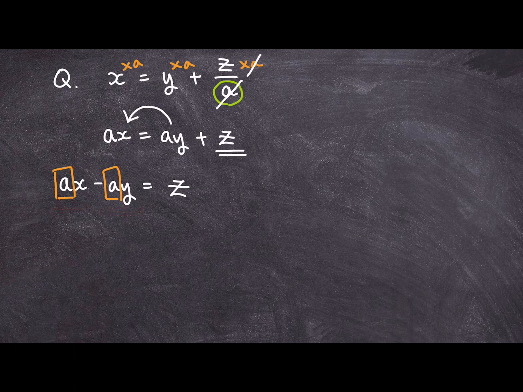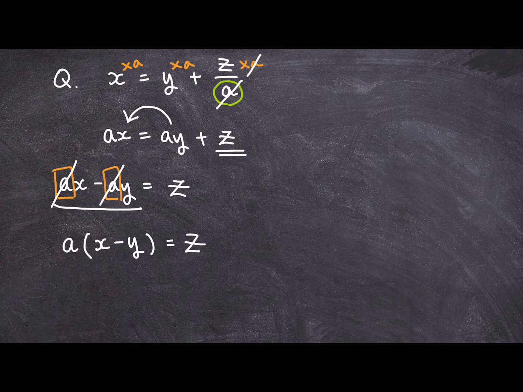I do that by putting a in front and then making a parenthesis, and then I write whatever's left from this expression. So if I get rid of a from the first variable, I end up with x. And if I get rid of a from the second variable, I am left with not just y, but negative y. And that's equal to z.